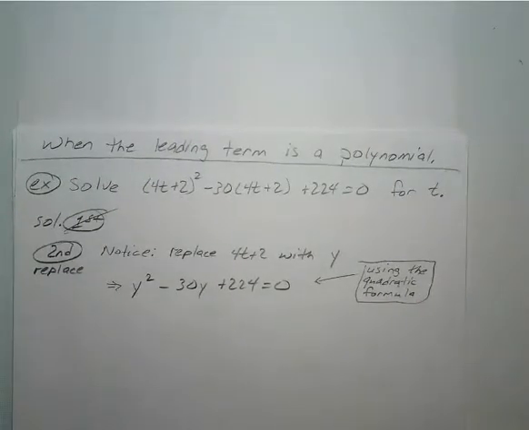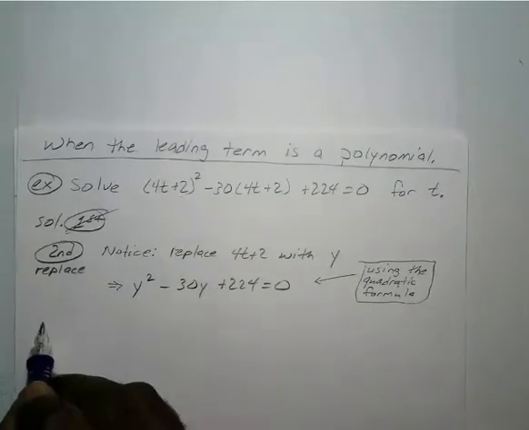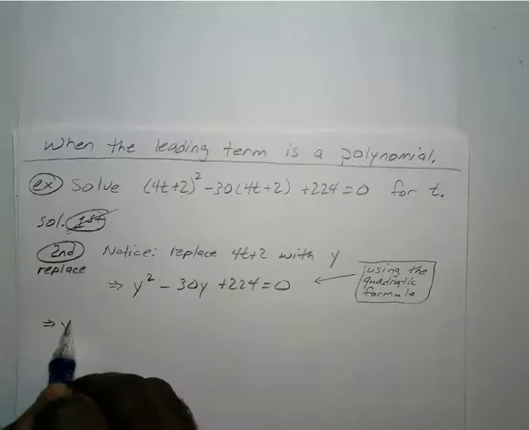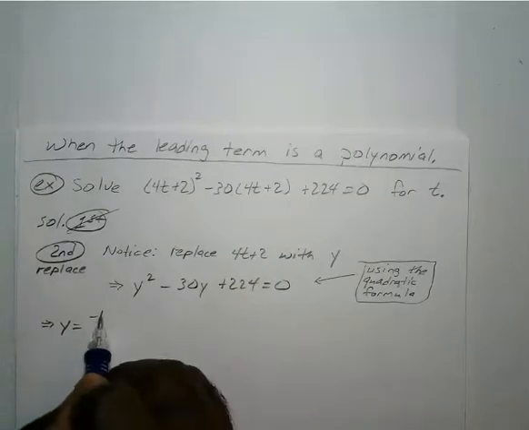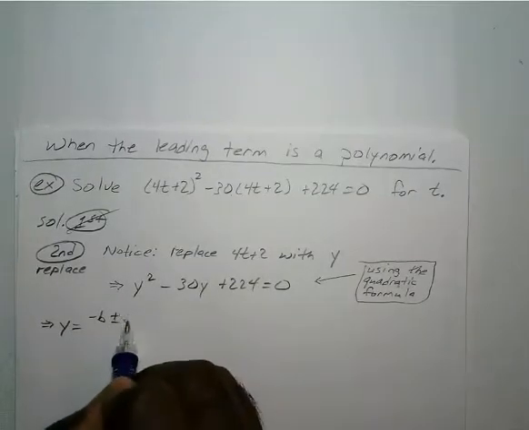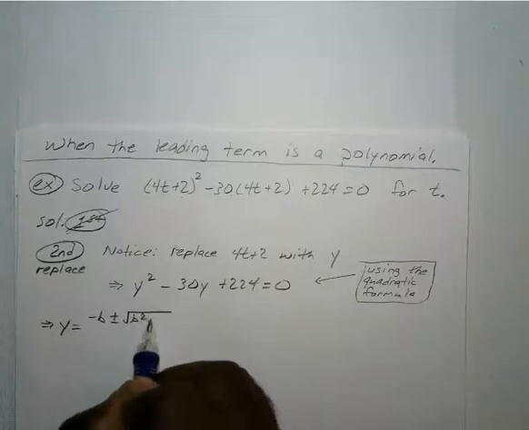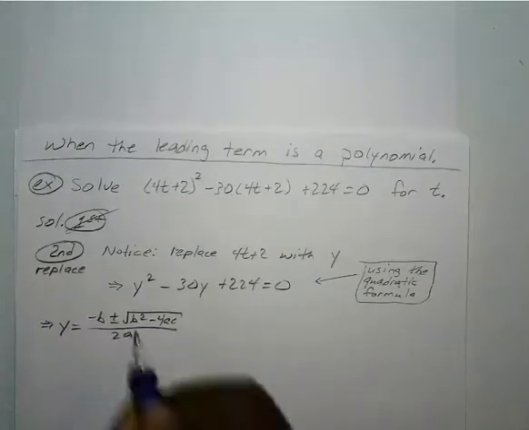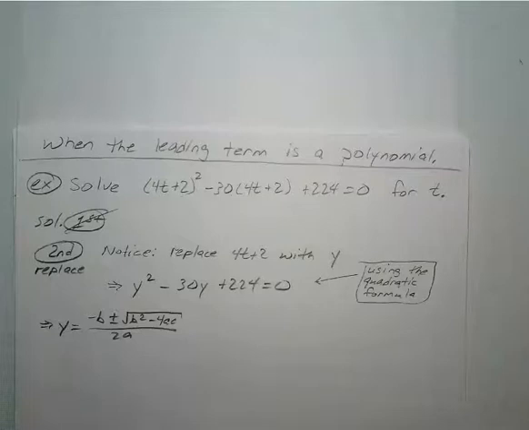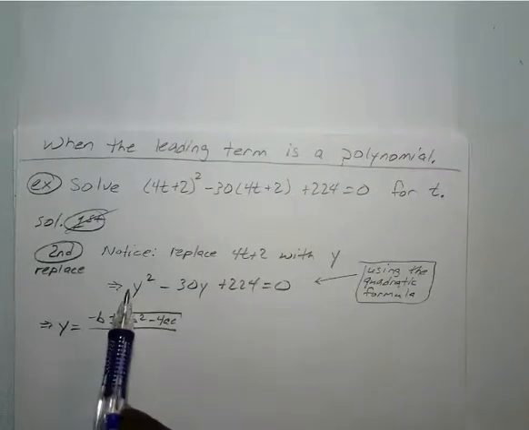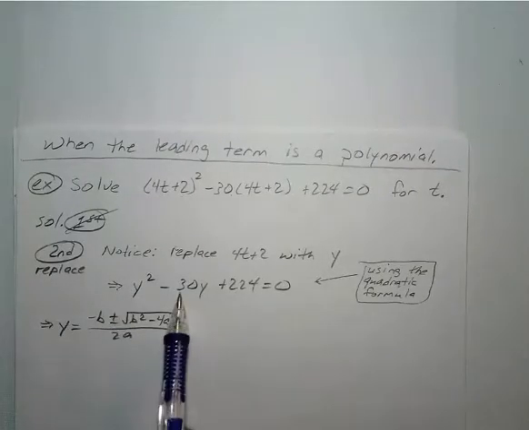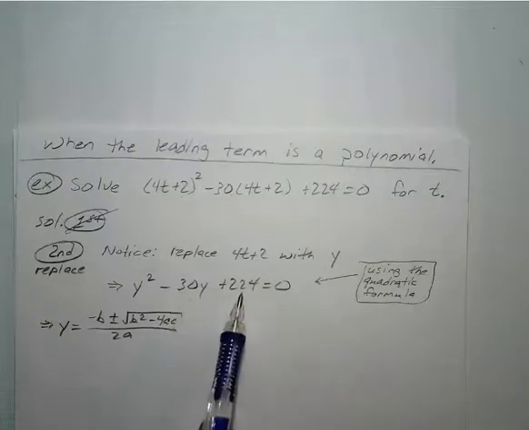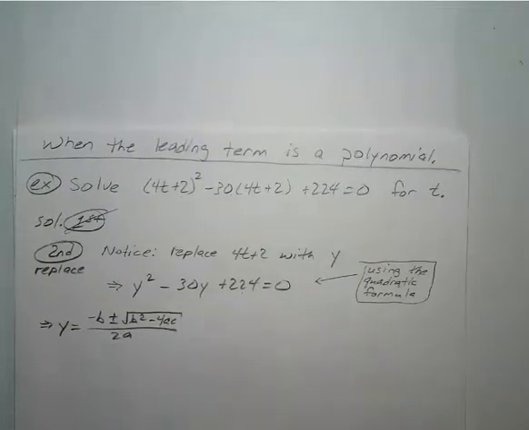You can use whatever method you like. So remember, for the quadratic formula, y equals negative b plus or minus the square root of b squared minus 4ac all over 2a. You can see here your a is equal to 1, your b is equal to negative 30, and your c is equal to 224.